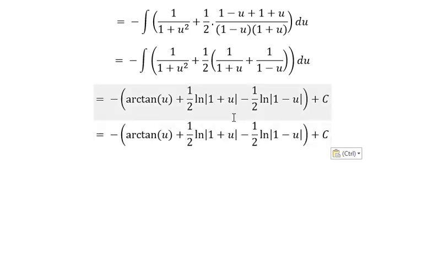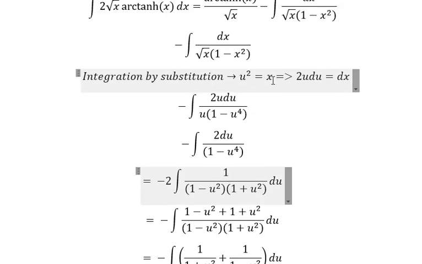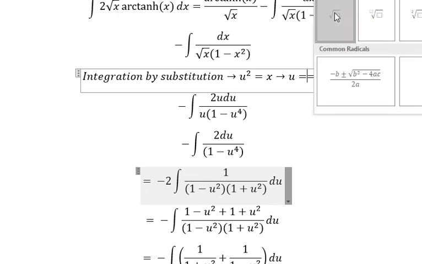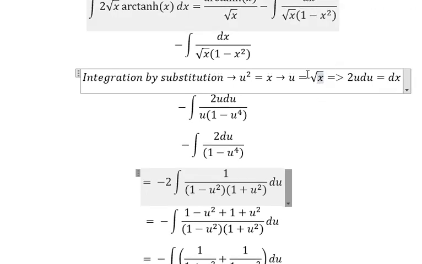Now about u, we need to change back for this one. We have u squared, so we put the square root on both sides. And now u equals the square root of s.